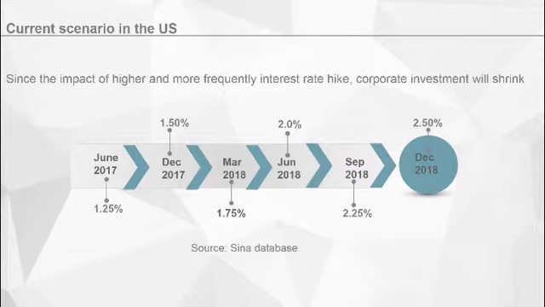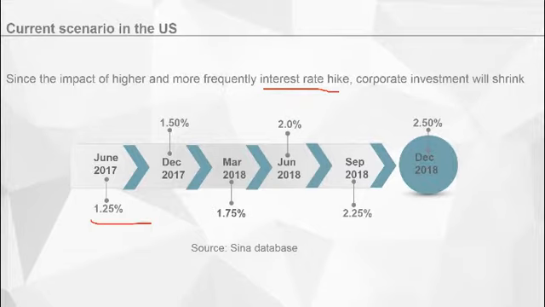And the investment is always related to the interest rate. From this chart, as we can see, it is very clear that in 2017 the interest rate was only 1.25%.